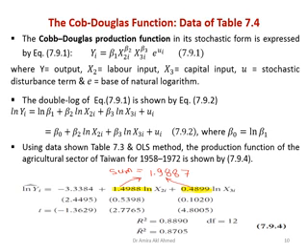By taking the natural logarithm of both sides of equation 7.9.1, we obtain the linear model that is shown by equation 7.9.2. This model is linear in parameters beta 1, beta 2, and beta 3, and therefore it is a linear regression model. Kindly remember that beta 2 is the partial elasticity of output with respect to the labor input holding the capital input constant.